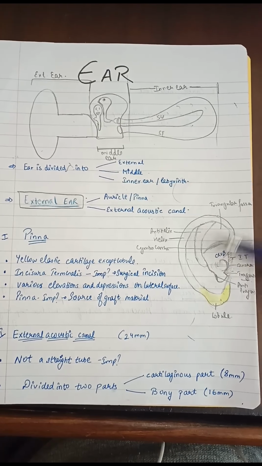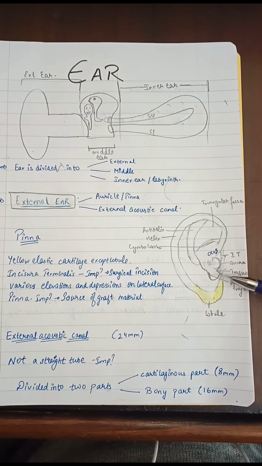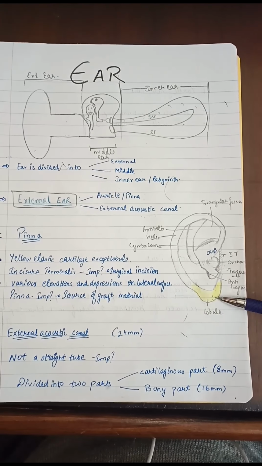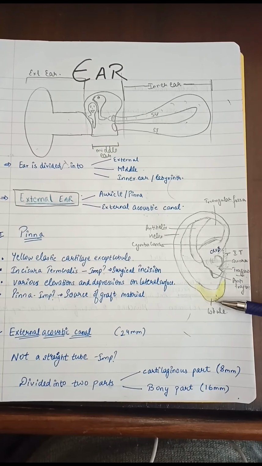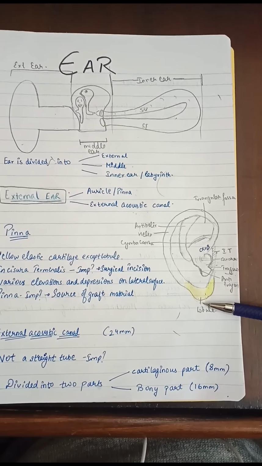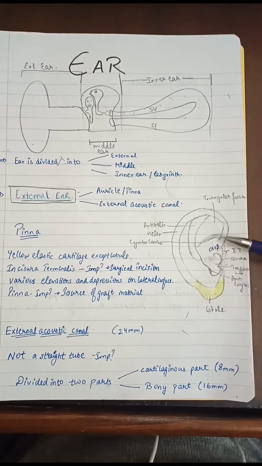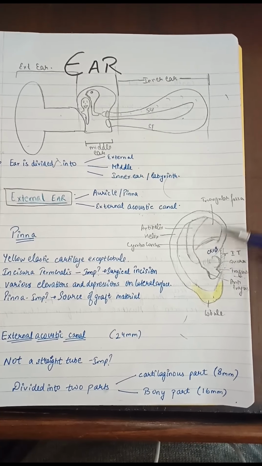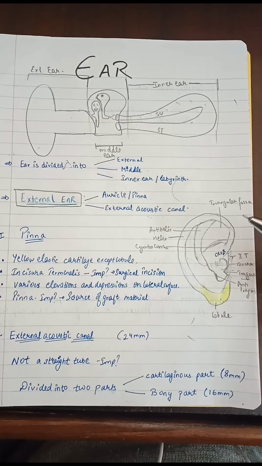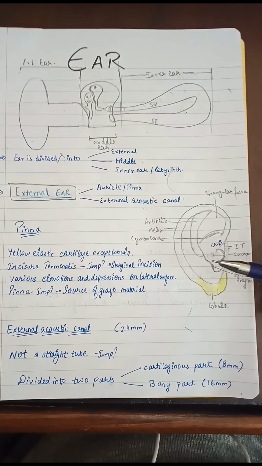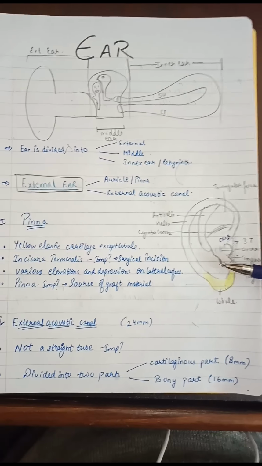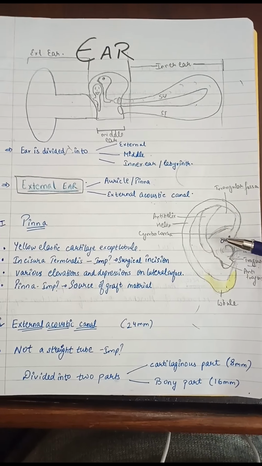That can be used for reconstructive surgery of the middle ear, and the fat from the lobule also can be used for reconstructive surgery of the middle ear. Other cartilaginous parts of the pinna can also be used for the repair of any kind of defect in the nasal ala, which is present in the nose.